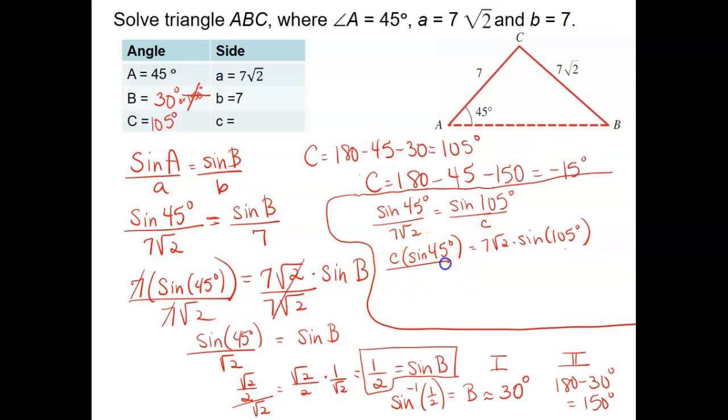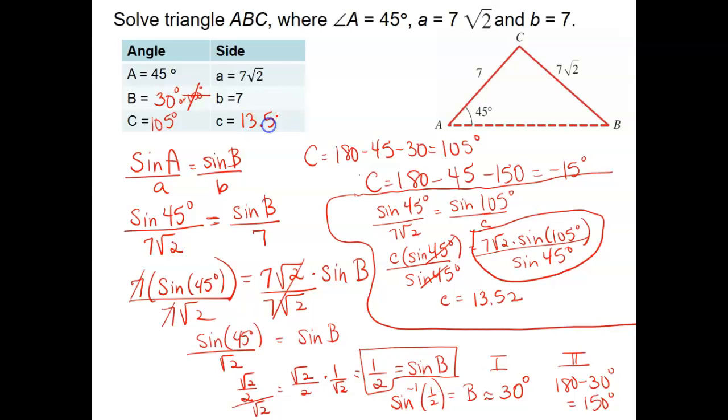Okay, we need to divide away this sine of 45. If everything's on the unit circle, then I would go ahead and fill these values in from the unit circle. Sine of 45 is on the unit circle, but the sine of 105 is not. So at this point, I would just go ahead and put this all in the calculator to get your answer out. That answer is going to be 13.52. So that's going to be the length of side C.